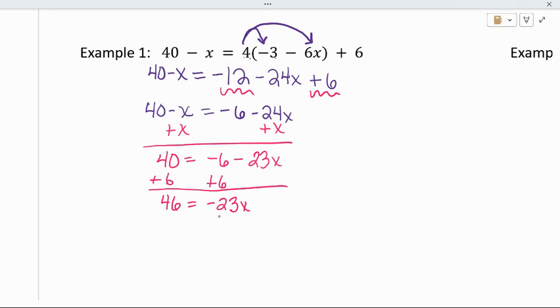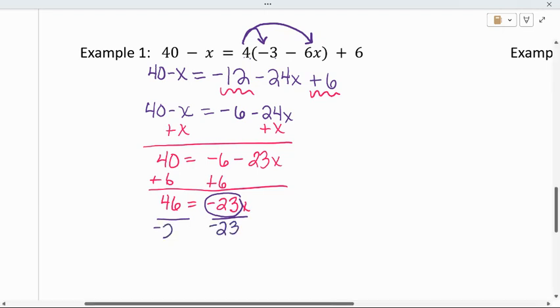What are we dividing both sides by? We always divide by the number that's attached to the variable, right? So we're going to divide both sides by a negative 23. This cancels out. So x equals, let's see, what is 46 divided by negative 23? Negative 2.